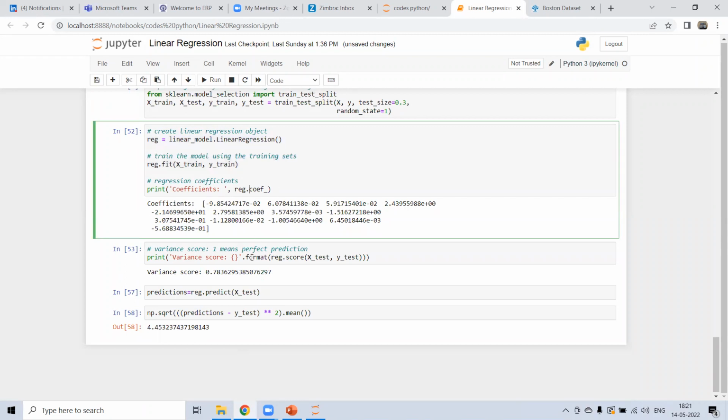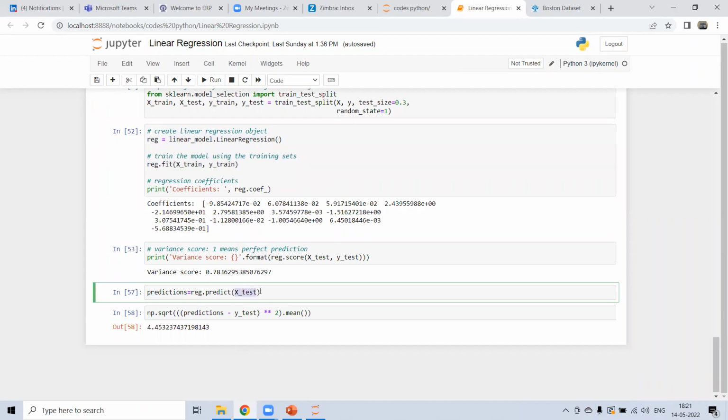Using this coefficient, I am now going to predict using my testing data. So here I'm predicting using my testing data, and here I'm calculating the RMSE. You see what I'm doing? Predictions minus Y test, that means the Y values in the testing data. Then I'm squaring it up, then I'm taking a mean, and then I am taking a square root of that.